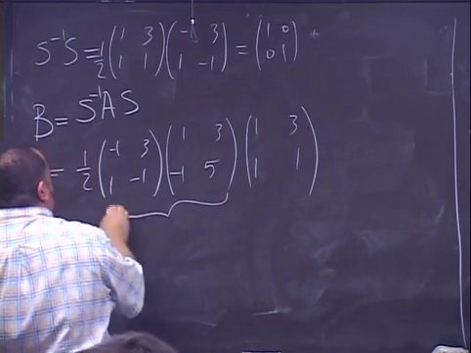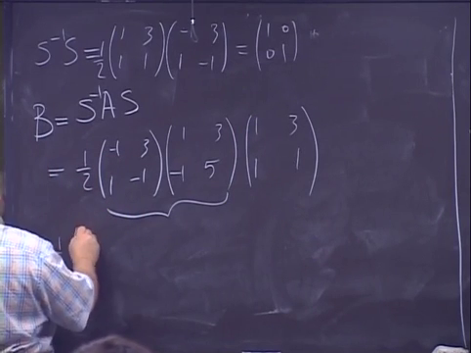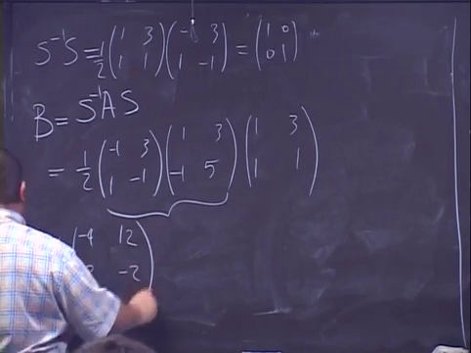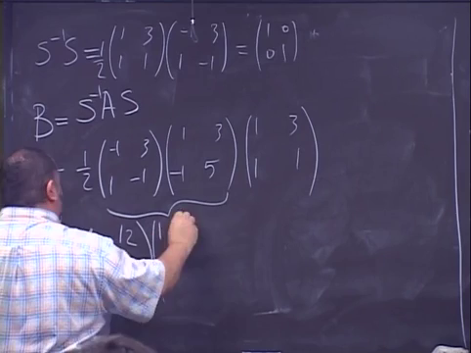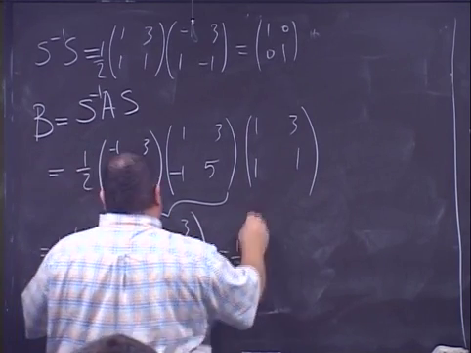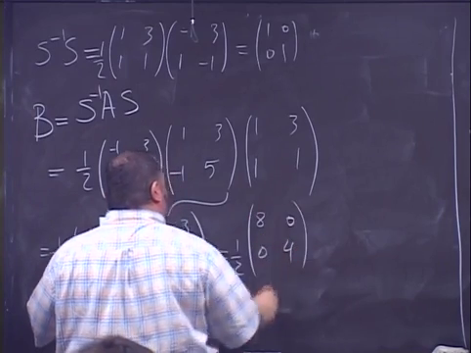Just multiply those two first, and this will give you half of minus 4, 12, 2, minus 2. Then multiply it by 1, 3, 1, 1. This will give you half of 8, 0, 0, 4.